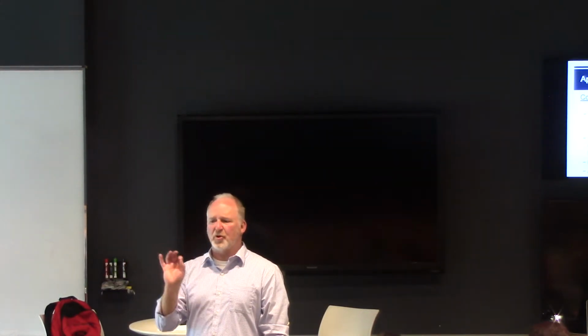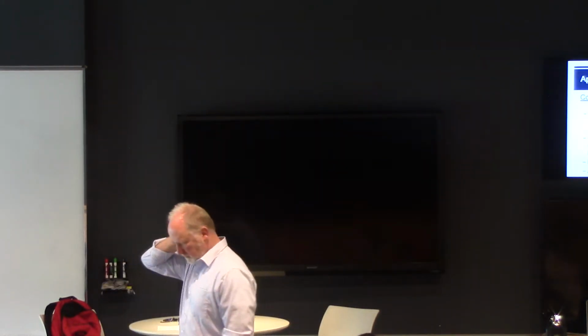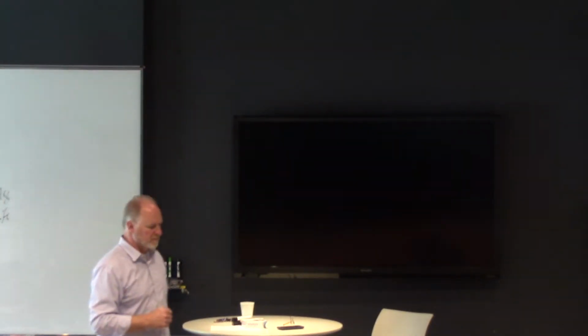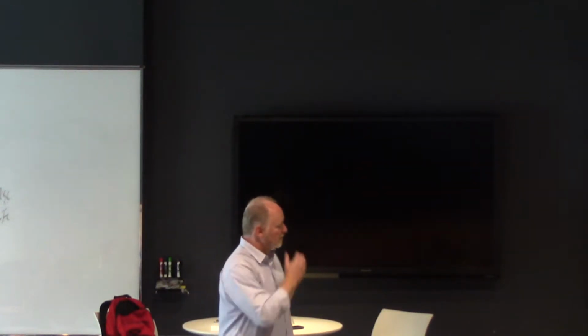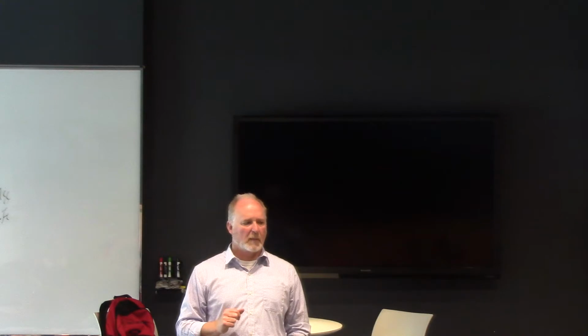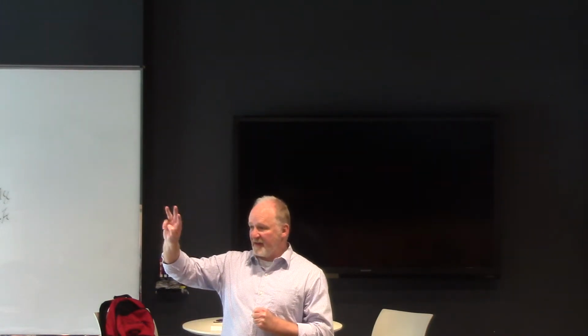I want you to make a little chart in your notes, and I want your chart to look like this. Methods of depreciation. There are going to be three methods of depreciation.